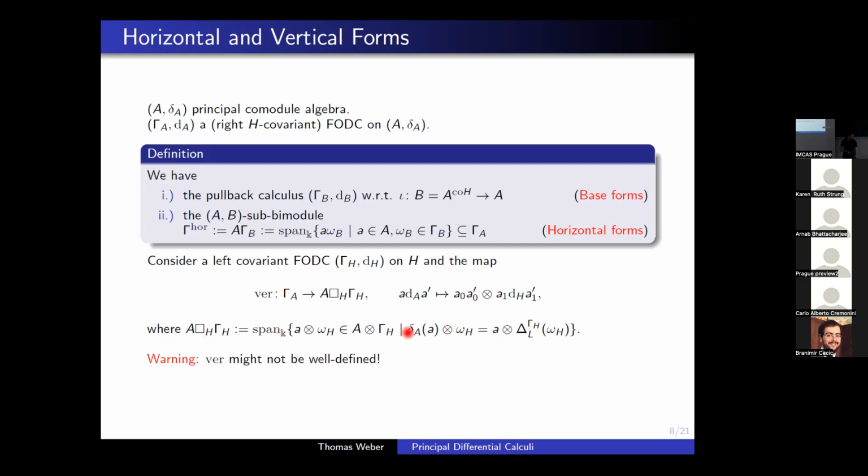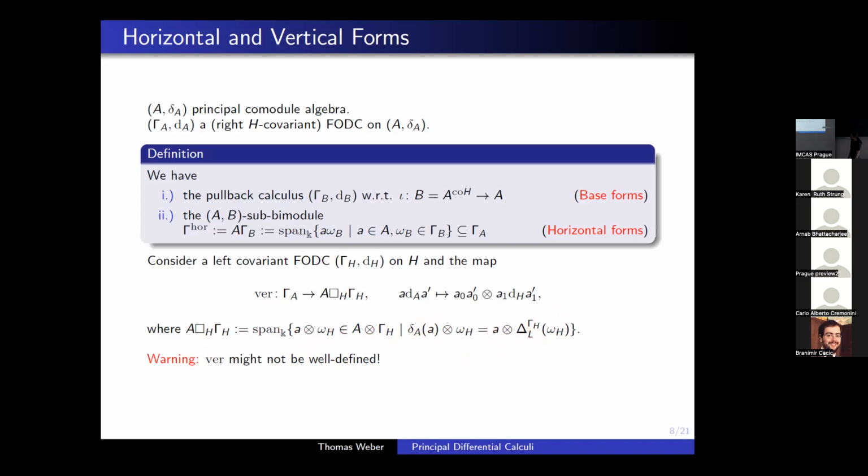It's just the dual notion of the tensor product over an algebra. It means I'm looking at the sub K-module of the tensor product of those elements where, if I coact on the first factor, this is the same as if I coact on the second.